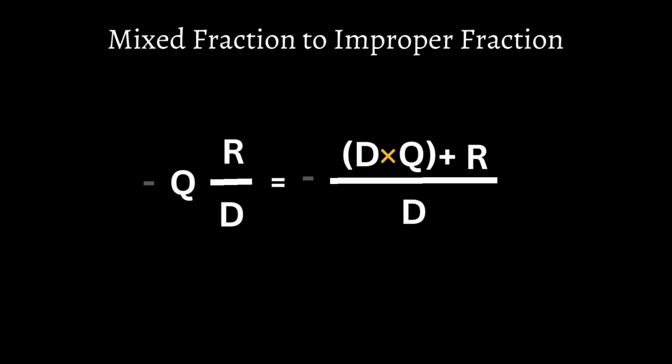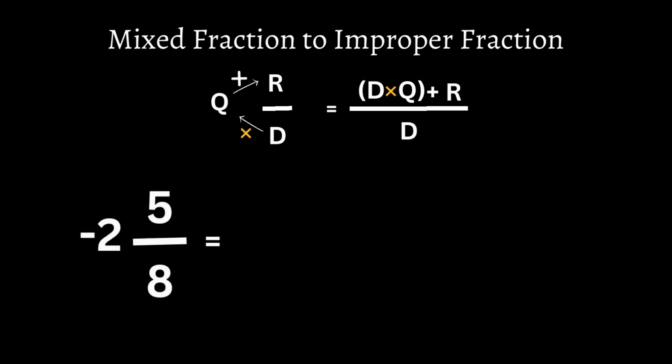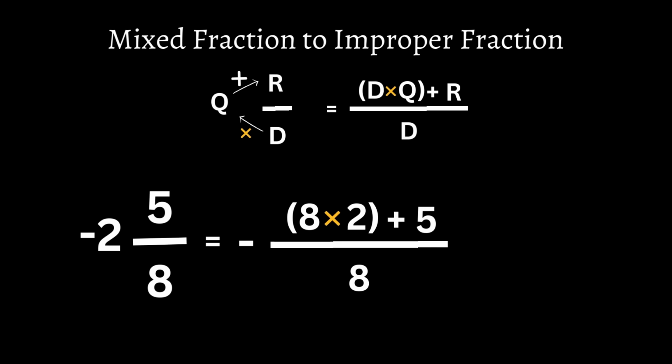If we need to convert a negative mixed rational number to its improper form, just do the same steps and put the negative at last. For example, minus 2 5/8 can be written as minus of (8 multiplied by 2 plus 5) divided by 8, which is equal to minus 21/8.